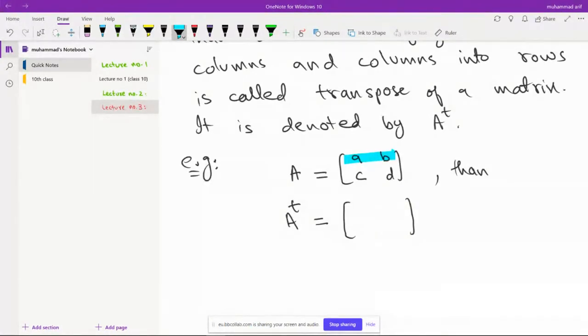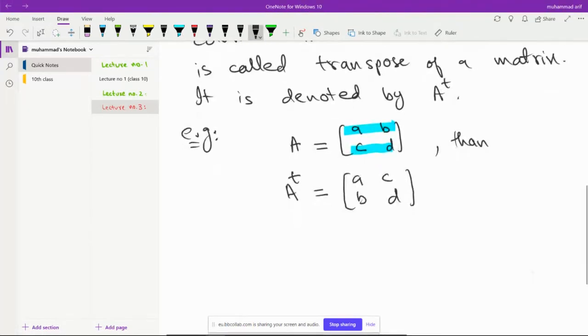This first row is written in the form of a column, that is A, B. This second row is also written in the form of a column, that is C, D. Then this becomes a transpose of a matrix A.